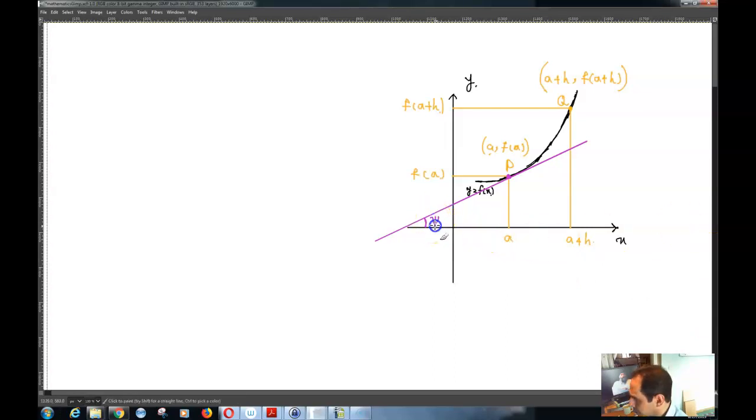Of course, this distance over here is naturally h, and this point I can call R, and I can call this point O, for example. That's basically the situation.